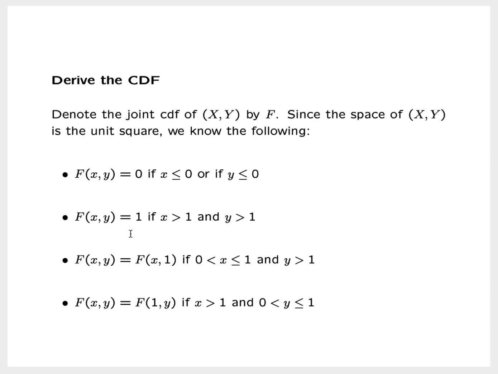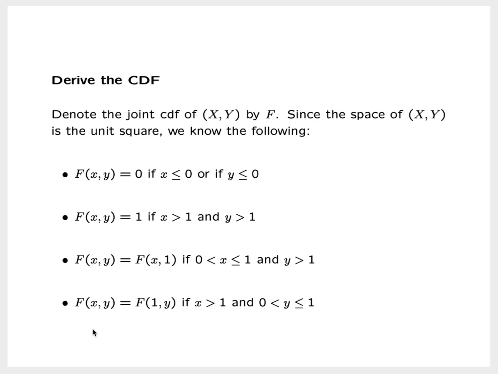The CDF is going to evaluate to 1 if both x is greater than 1 and y is greater than 1. The CDF at a point (x, y) is equal to the CDF evaluated at (x, 1) if x is between 0 and 1 and y is greater than 1.